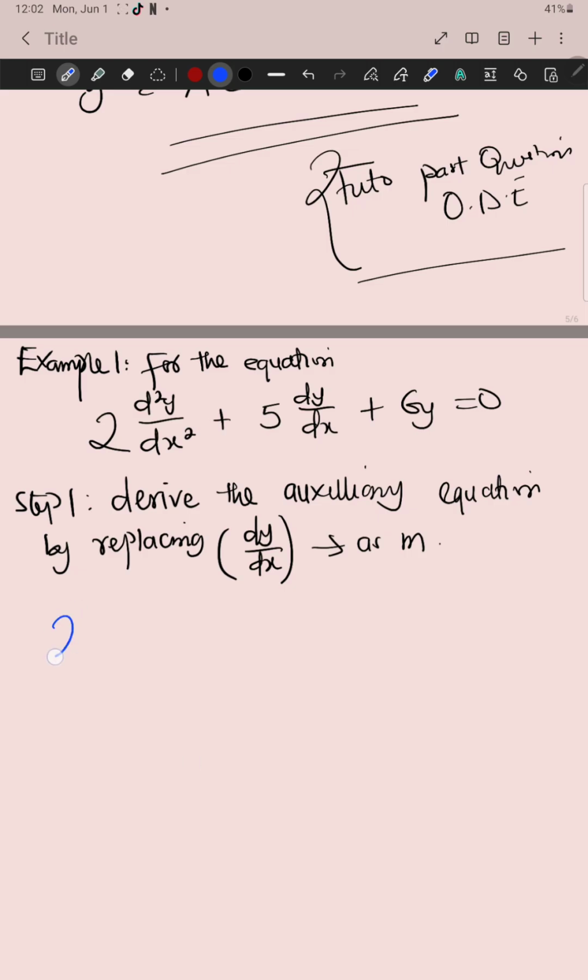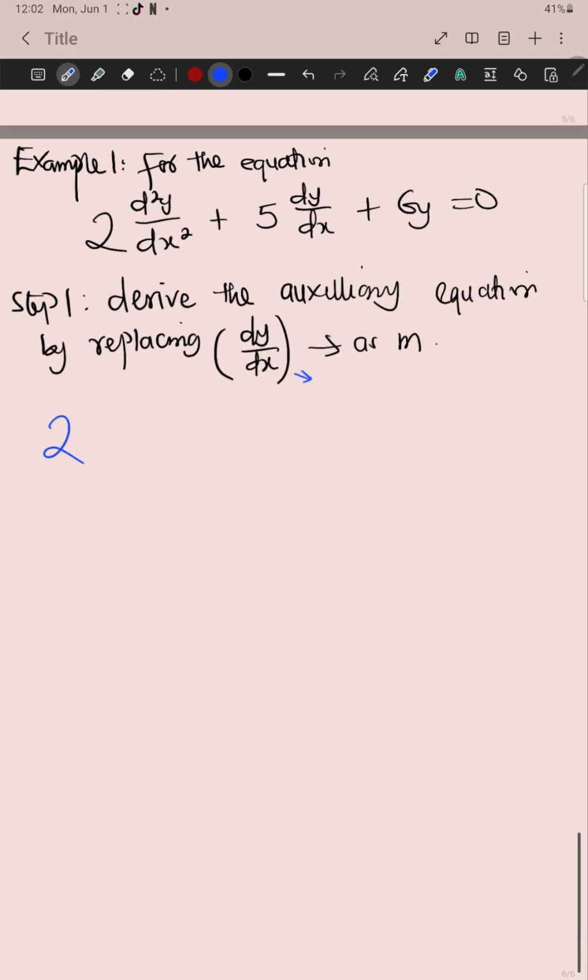So we have 2. When you say dy over dx as m, anywhere I see dy over dx, I'll put it as m, right? Now, if we have d squared y over dx squared, it means I'm talking about m squared. Since dy over dx is m, it means that d squared y over dx squared is m squared. True or false? So we have m squared plus 5m plus 6 is equal to 0. That is how it's supposed to be.